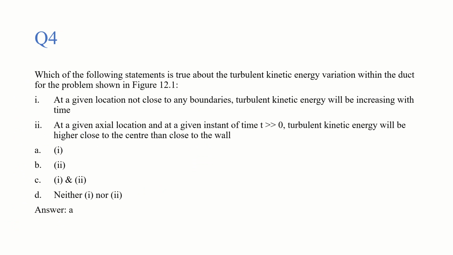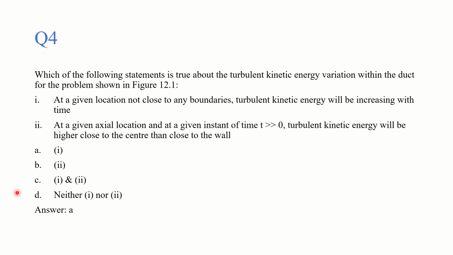Which of the following statements is true about the turbulent kinetic energy variation within the duct for the problem shown in figure 12.1? One, at a given location not close to any boundaries, turbulent kinetic energy will increase with time.